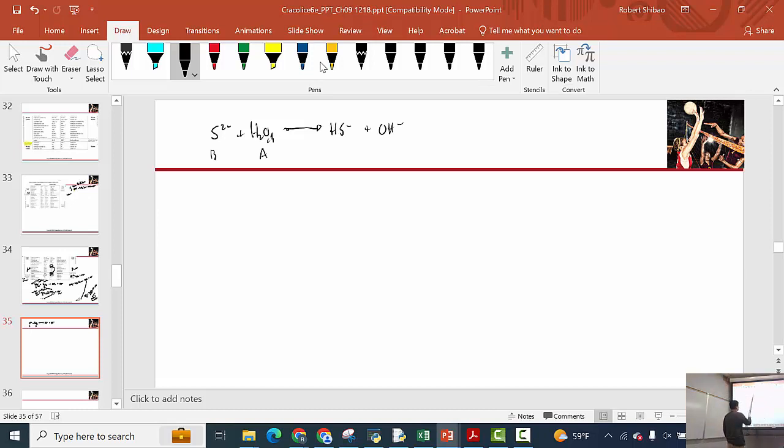It's too strong to exist in water because it's going to react with all the waters here, as many as it needs to form these. And this will be downhill. So all the sulfides can react, leaving none there. They're all going to react. And so this is a 100% strong base.